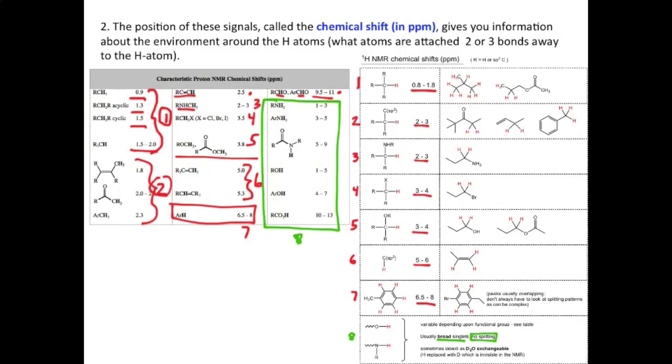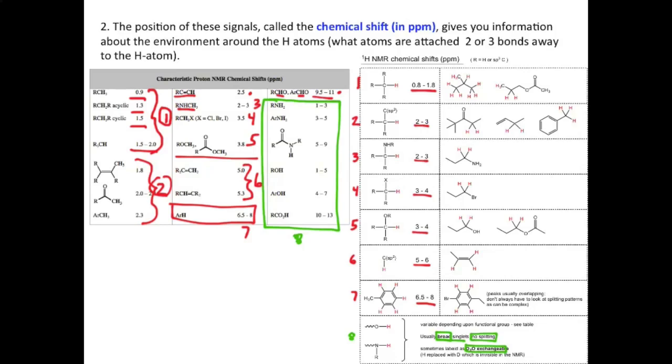So when we talk about splitting, you'll notice there are no splitting patterns typically observed for H to O or H to N. The other thing is, besides seeing that the peaks are broad or singlets, sometimes instructors will give little hints to remind you that this is an H on an N or an O, and sometimes those are labeled as D2O exchangeable. So if we remember, hydrogen is visible in an NMR spectrum. Deuterium, because it has an even spin, is not.